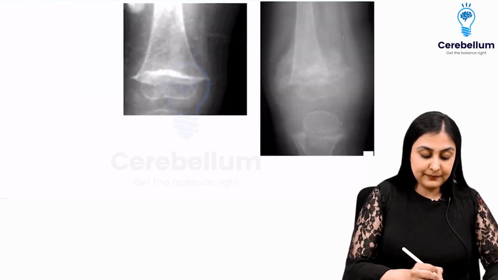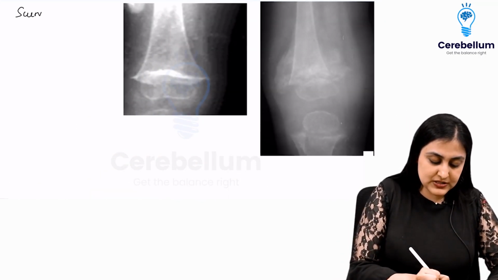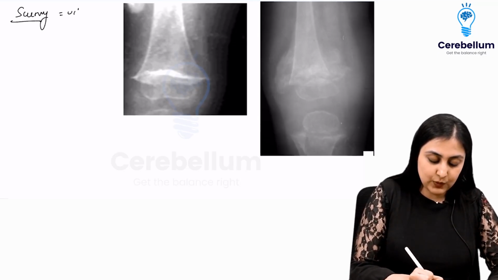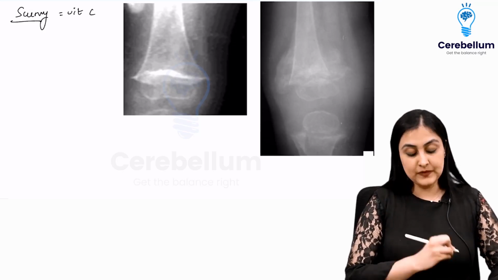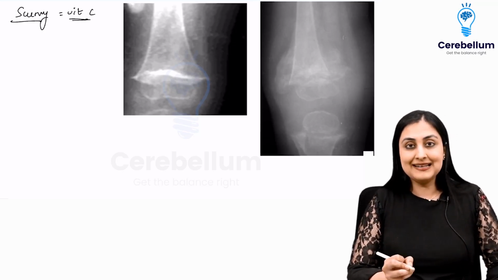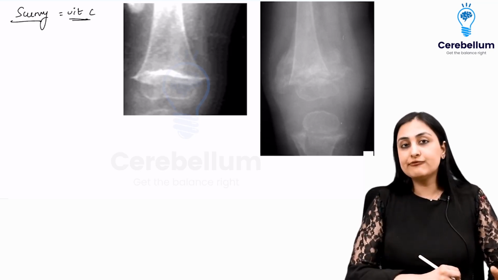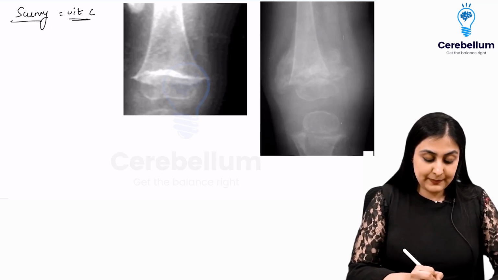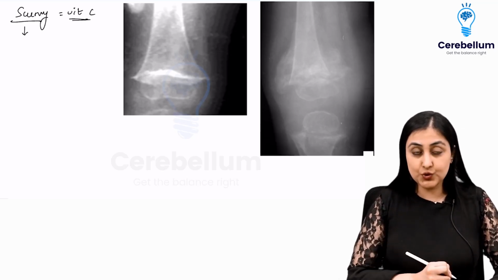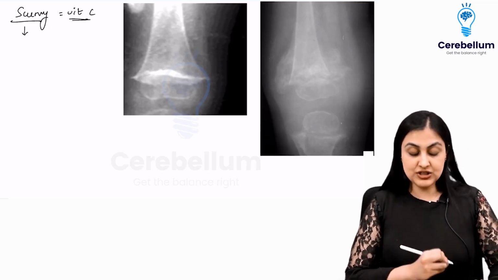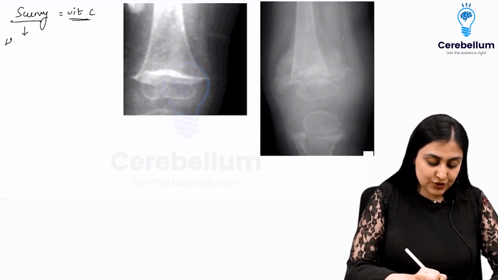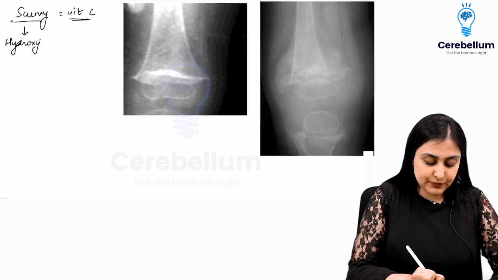So on the same line, we also want to talk about scurvy, which is nothing but vitamin C deficiency. So in rickets, vitamin D led to deficiency of mineralization, that is, calcium was not there. In scurvy, what happens is vitamin C, as you know, is very, very important for collagen synthesis, that is hydroxylation of lysine and proline.